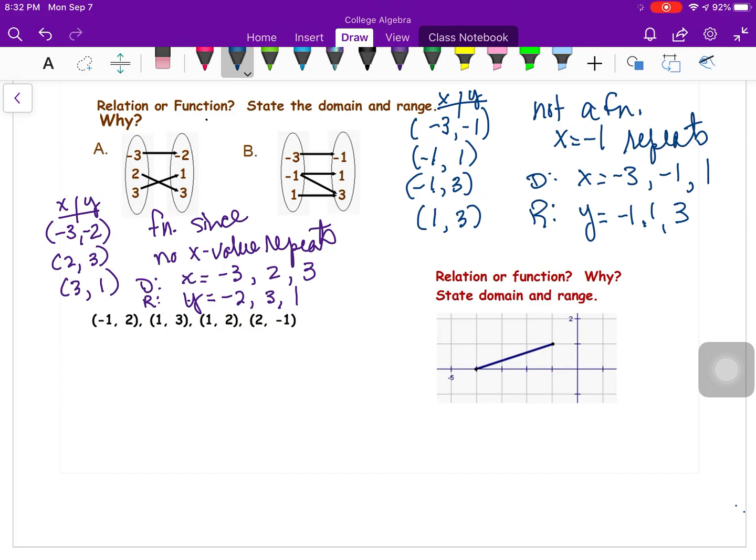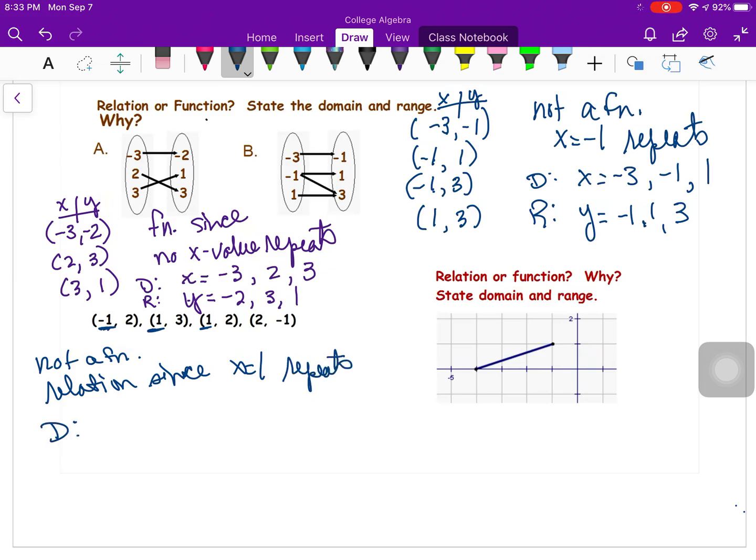Next, we have a numeric representation because this is like a table of X's and Y's. Is this a relation or a function? Look at these X's: -1, 1, 1. There's a repeat, so it is not a function. It is a relation since X equals 1 repeats.